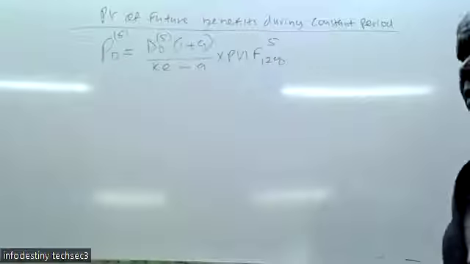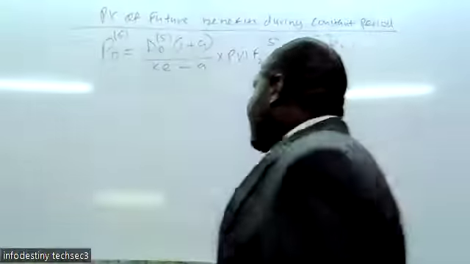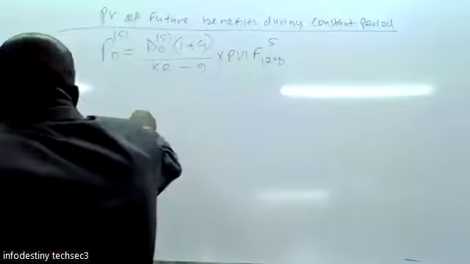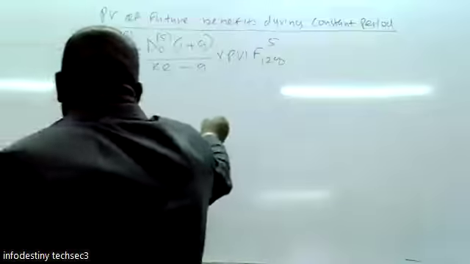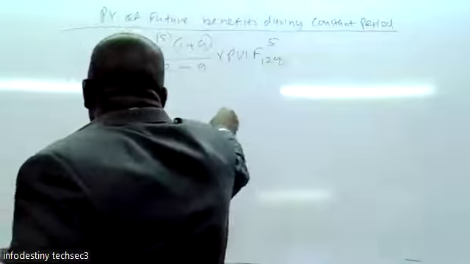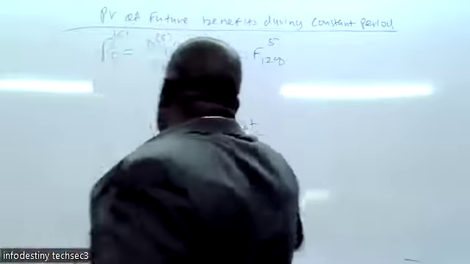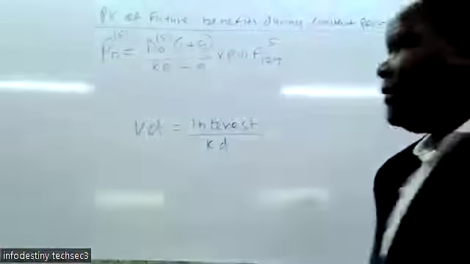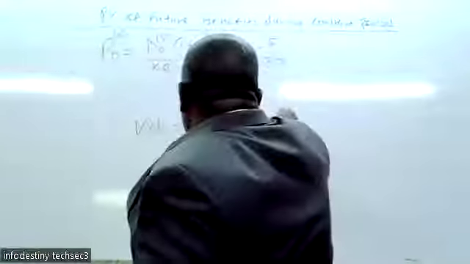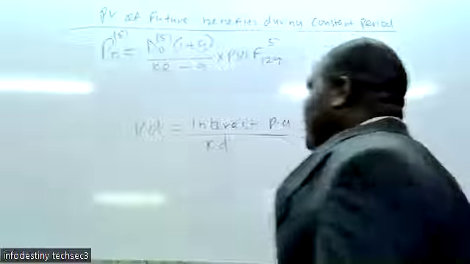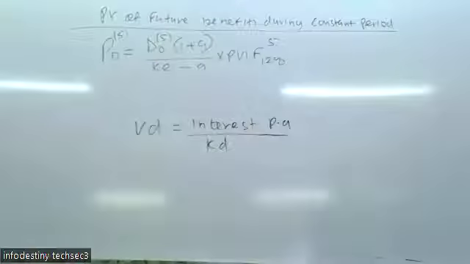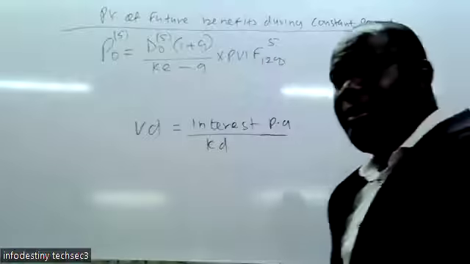So to get the theoretical value, the value of the debenture will be equal to interest per annum divided by KD.